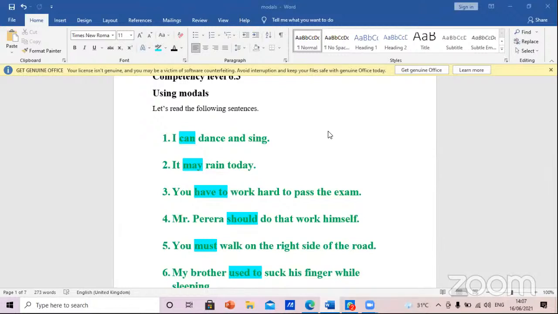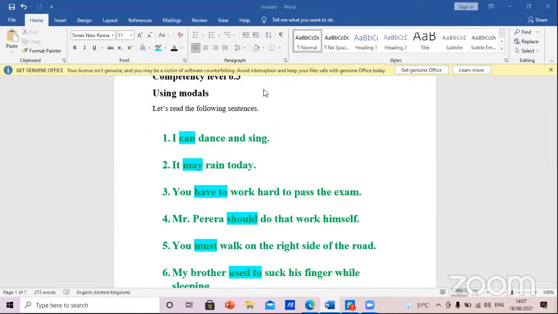Models are also a kind of verb, as you all know, like irregular verbs, regular verbs. So like that, models are also a type of verb.